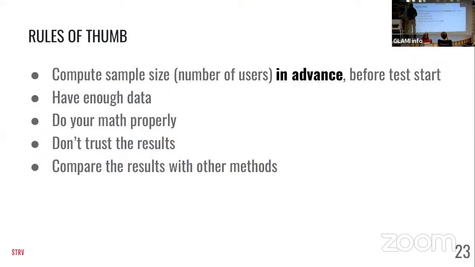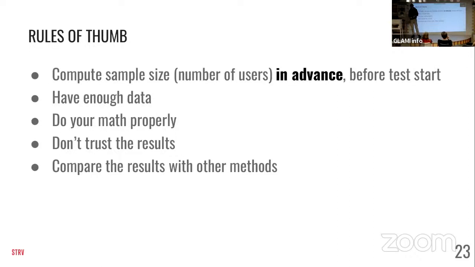So, some rules. As I said, compute the number of users in advance, before the test starts. I think this is really crucial. Some tools allow you to stop the test once they have enough data for statistically significant results. This is wrong.